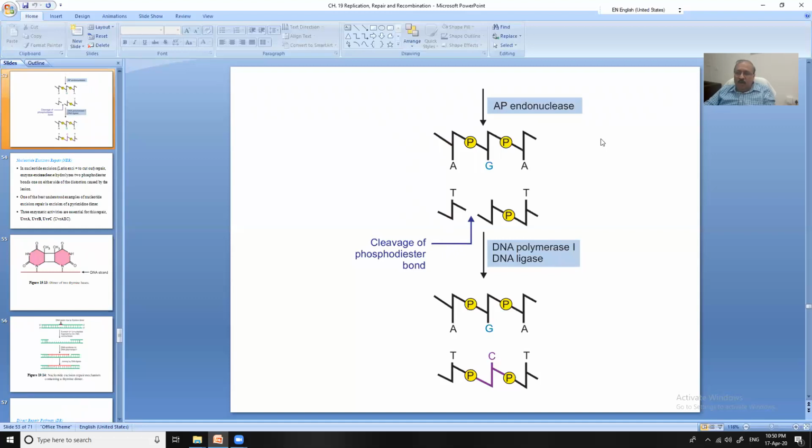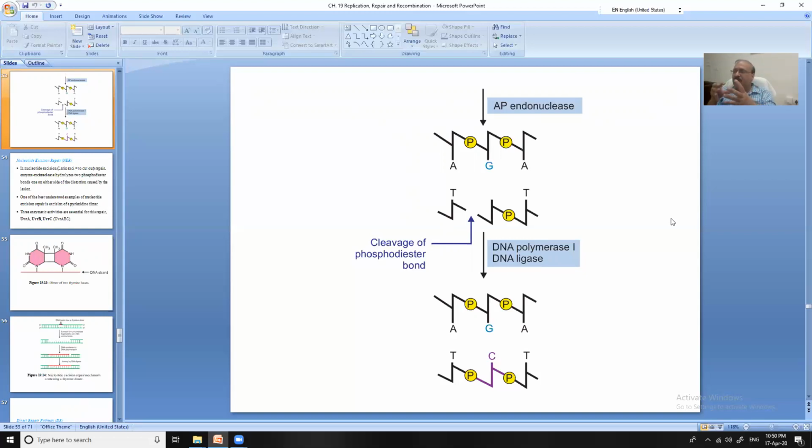You know that I told you that in the continuation of the strand, the bonds are phosphodiester bonds, and two strands are together by hydrogen bonds. So in DNA, you can say that phosphodiester bond is cleaved here by the AP endonuclease because uracil has been removed.